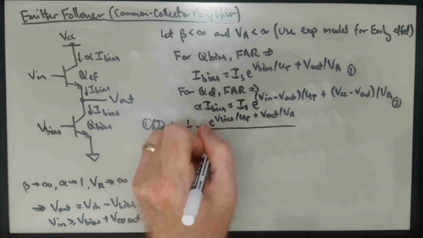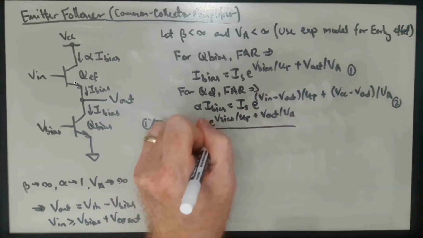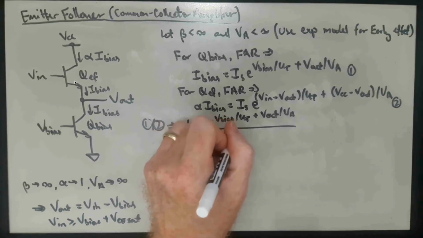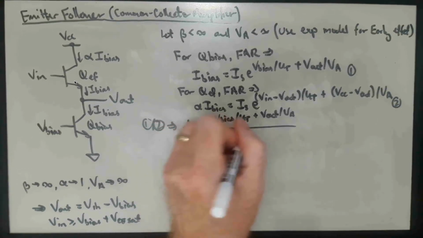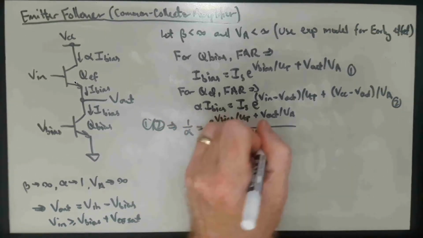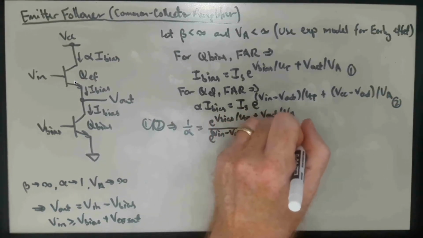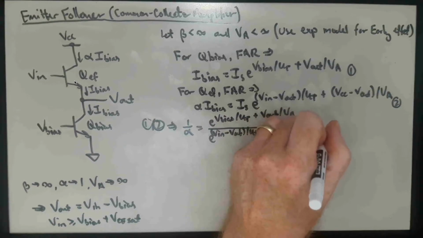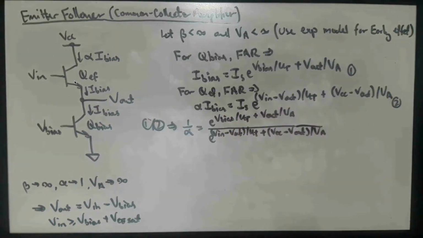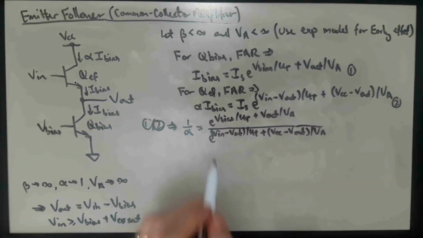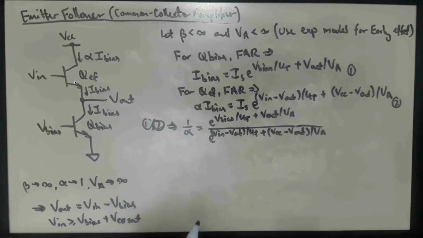And then downstairs we have e to the V in minus V out over UT plus VCC minus V out over VA. Okay, so we canceled the IS's and we canceled the I biases.